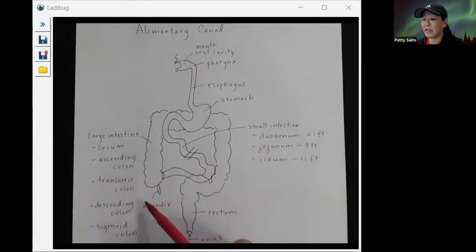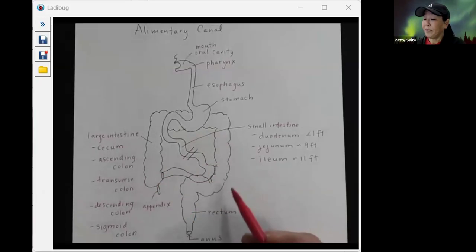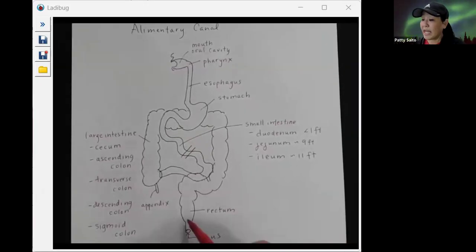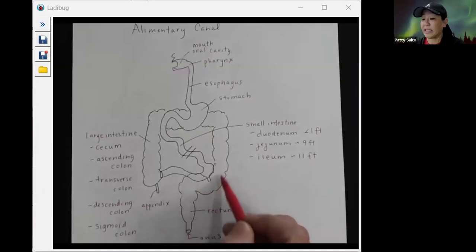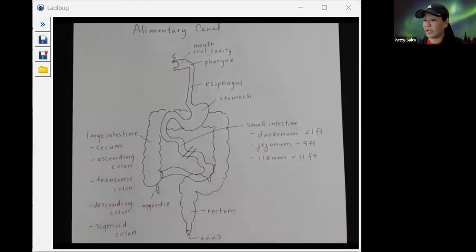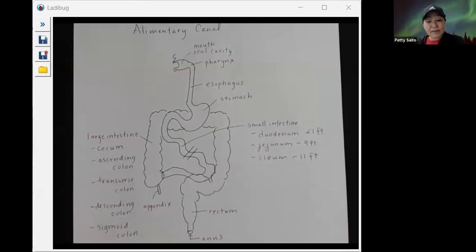There's a cecum, that's not colon. If you get a sigmoidoscopy, they're only going to take the camera up and look at the sigmoid colon, right? So these terms are important to understand. Okay, so that's our flow chart kind of, but to be able to draw it is very helpful.